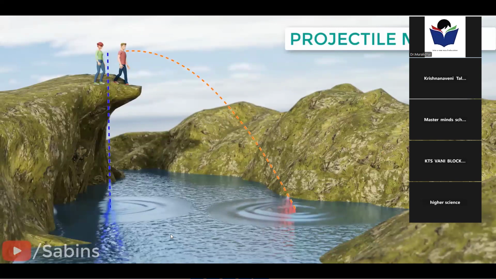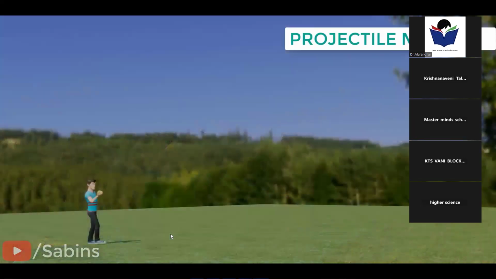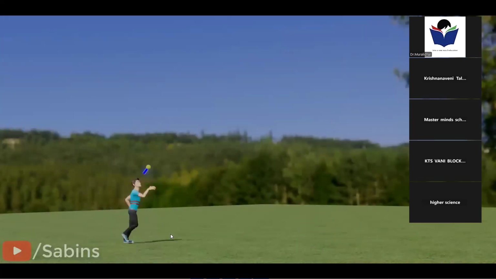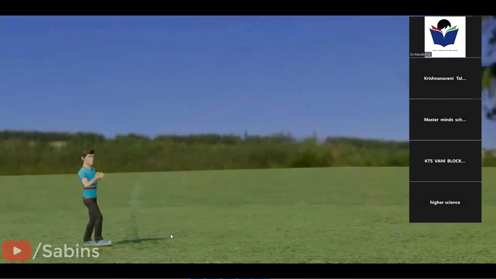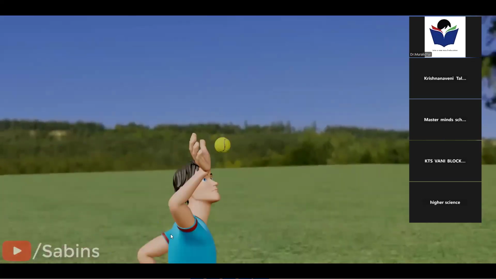Let's go over some fundamental concepts. When you throw a ball at an angle, it never goes straight. Instead, it will have an elegant curved path, more specifically, a parabolic path. This kind of projectile motion happens due to the effect of gravity. When thrown at an angle, the object has two components of velocity, one horizontal and one vertical.